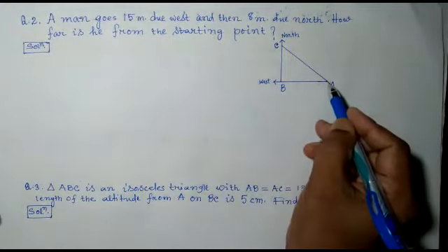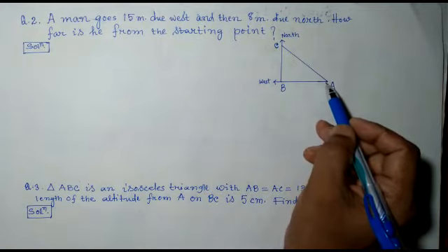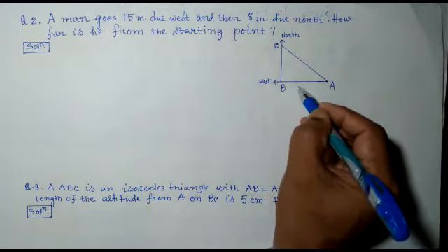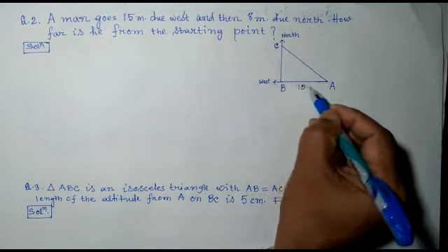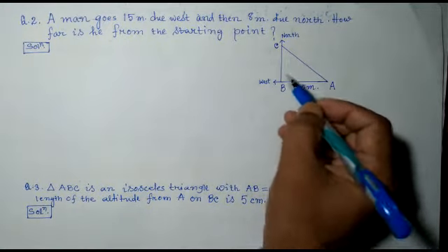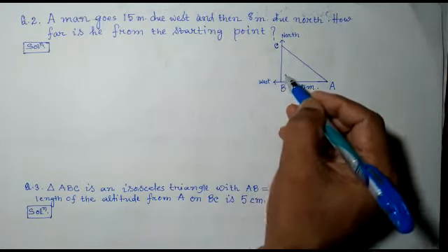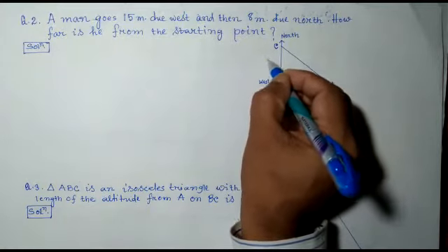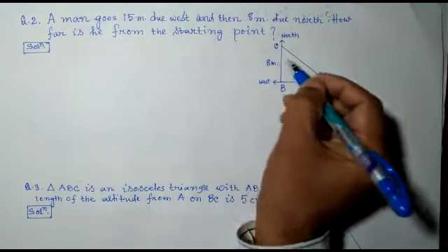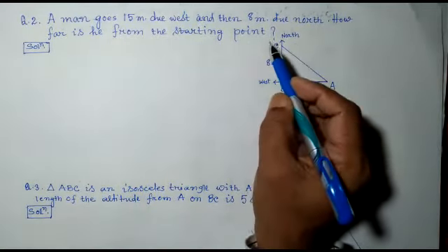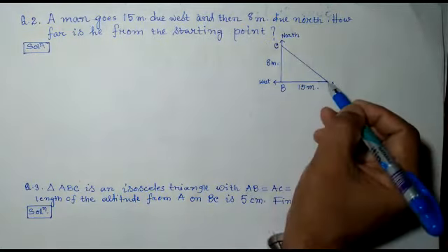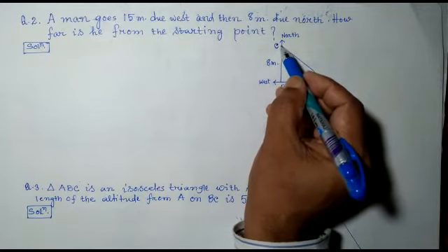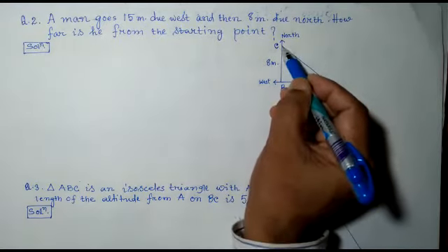Let the starting point be A. From A he goes 15 meter west, say up to B. And then after coming to B he goes north up to C, BC is 8 meter. The question is, how far is he from the starting point? The starting point is A and the final point is C. So the distance between A and C we have to measure.